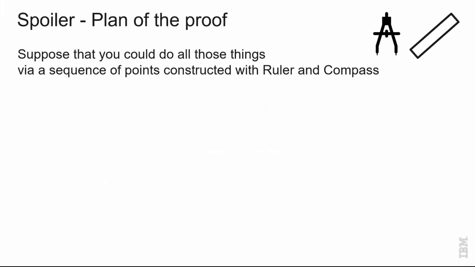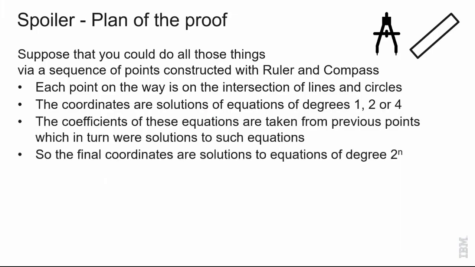When you use a ruler and compass, you just collect more and more points. You make lines and circles and collect intersection points, and then use those to construct more lines and circles. But on the way you construct a sequence of points, and each point on the way is an intersection of lines and circles that you constructed previously.